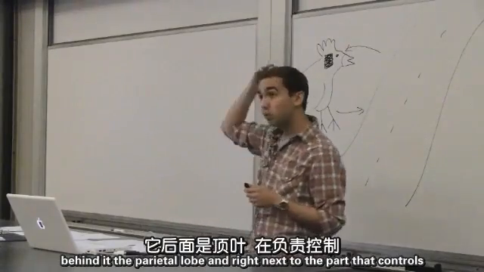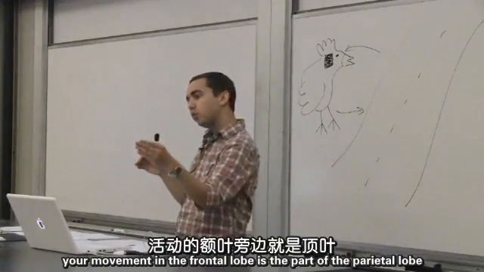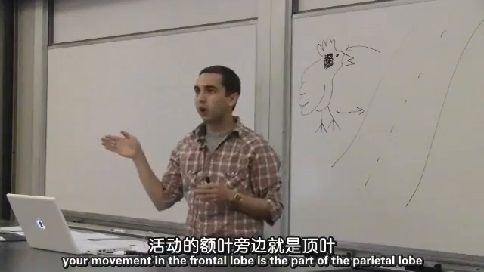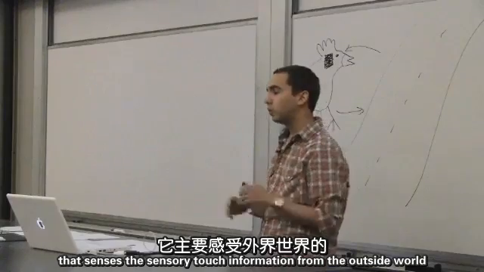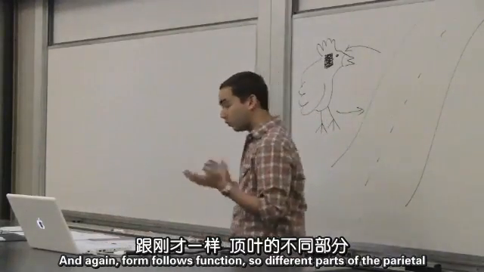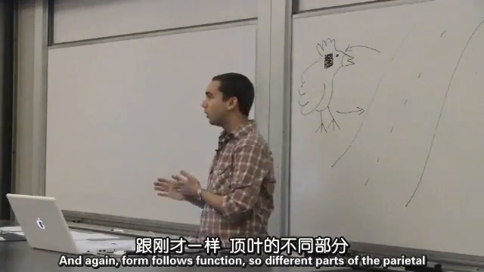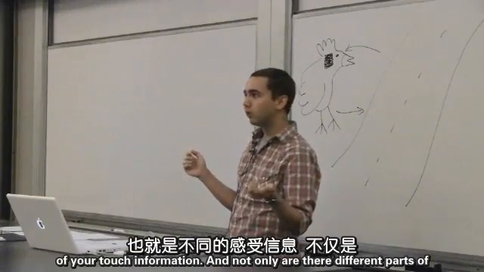Then you have behind it the parietal lobe, and right next to the part that controls your movement in the frontal lobe is the part of the parietal lobe that senses the sensory touch information from the outside world. And again, form follows function, so different parts of the parietal lobe are specialized for different parts of the body, different parts of your touch information.